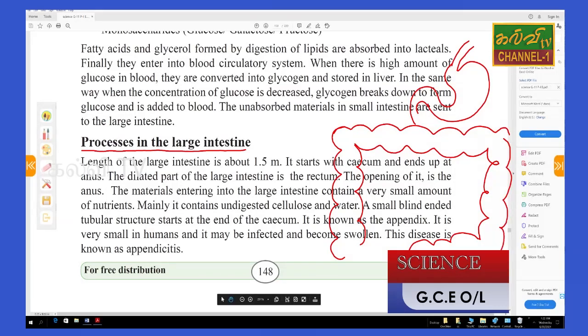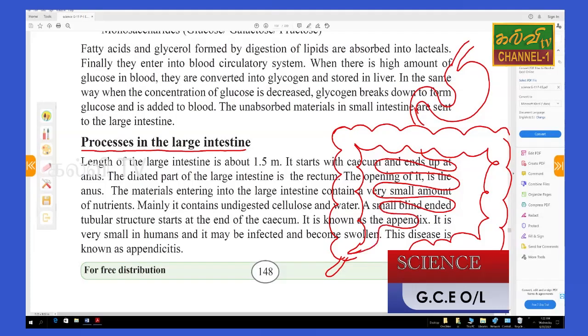After the large intestine, here is the rectum, and here the appendix. The small intestine, about 7 meters, finishes at this part called the caecum. Then the appendix.